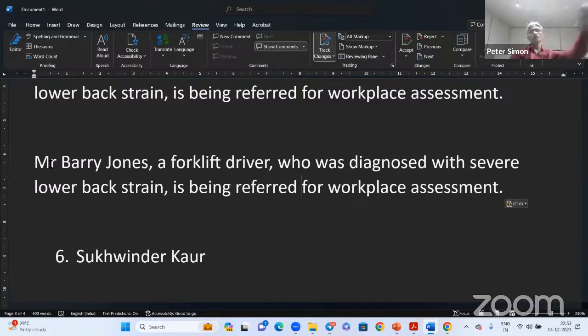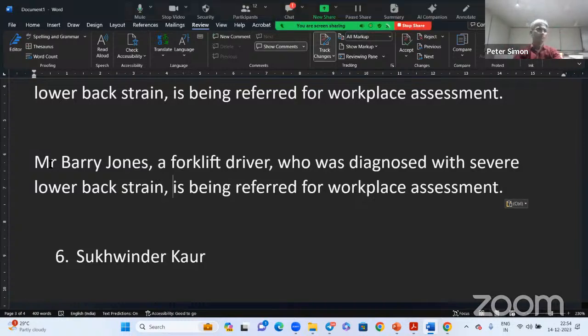So just say requires workplace assessment. How do you know that it's a referral letter or anything? Think about that one. If you don't have an idea, then just say, instead of is being referred, just say requires.